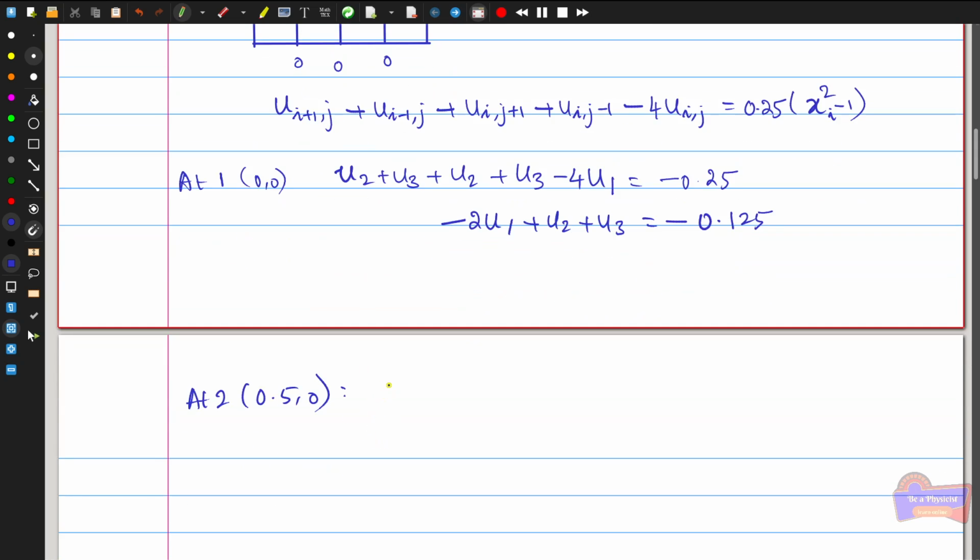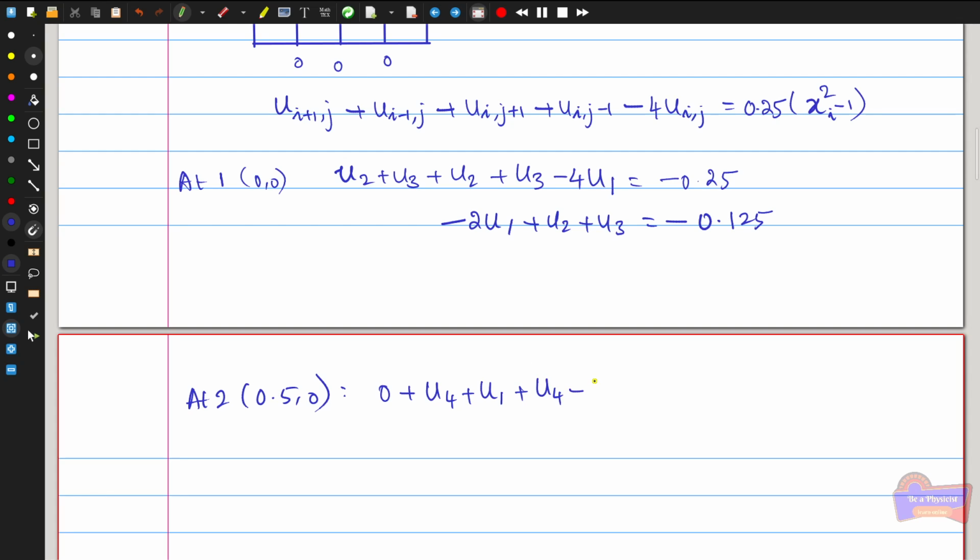So this value is 0 plus u4 plus u4 plus u1 plus u4 minus 4 times u2, which is equal to this value 0.25. Since the x i value is 0.5 here, I can take the squared value, so 0.25 times 0.25 minus 1.